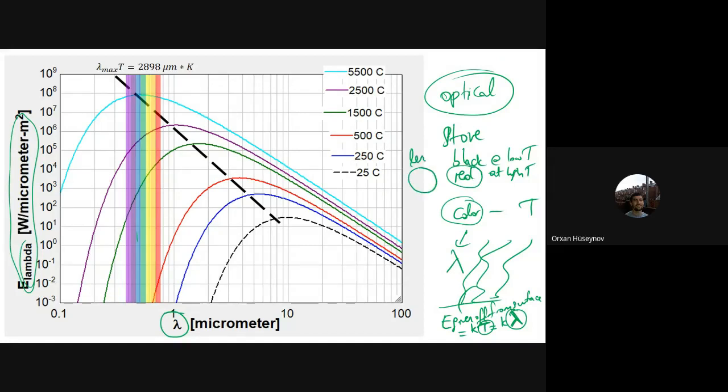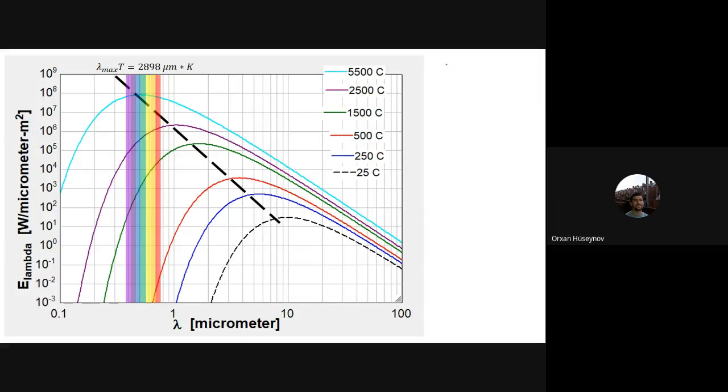This is the lens inside your temperature measuring device, and what you are trying to do is match the color of the lens with the color of the object. If the object is red, you are trying to match the color inside. Let me talk about this one separately here. So the optical one finishes the temperature measuring thermometers.